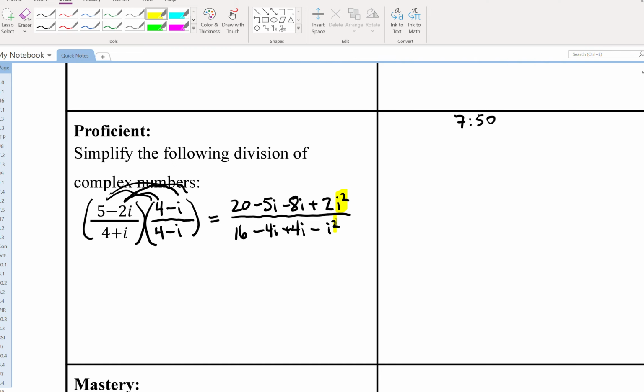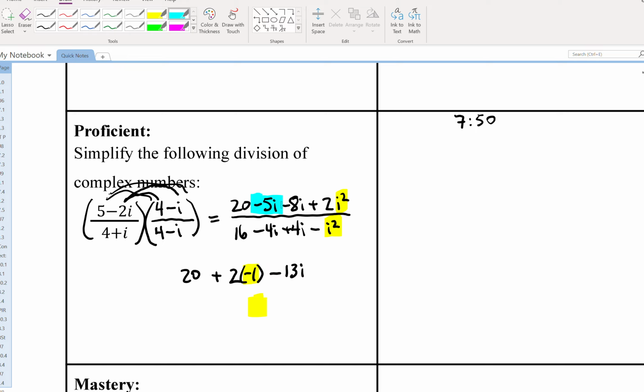Again, I'm going to write them as kind of switching places. So there's those. I've got 20 plus 2 times negative 1. That i squared, there's your negative 1. And then negative 5i minus 8i would be negative 13i.